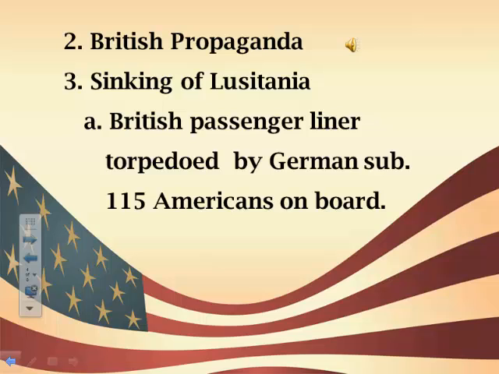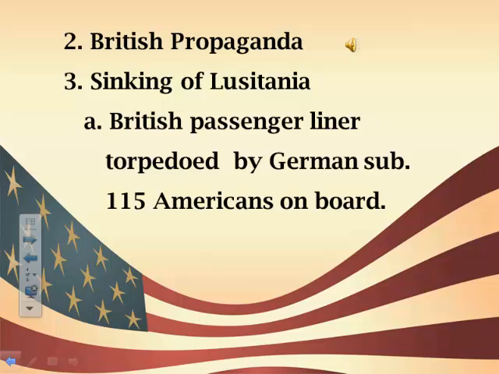Now, one of the most important factors was the sinking of the Lusitania. The Lusitania was a British passenger liner that was much like the Titanic, and it was traveling from New York to London in 1915 when it was struck by a torpedo of a German sub, and it was sunk.